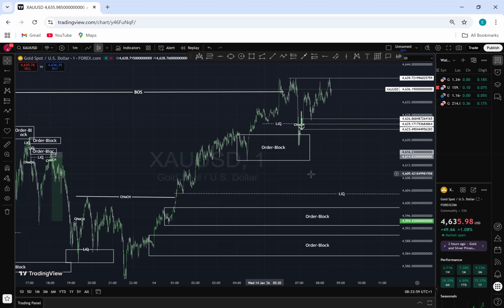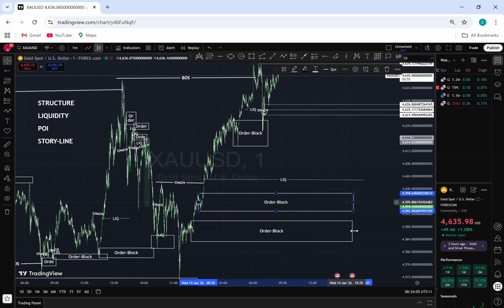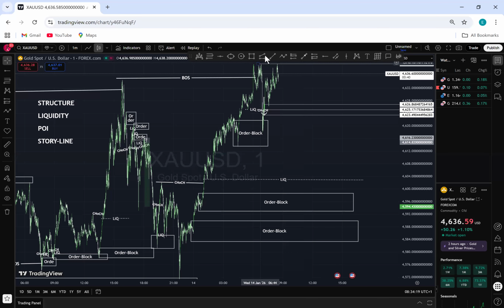No. So if you have an issue using 1 minute, it is one of two things. Either you want to take a risk entry, so you just place a pending order here, and once price comes, it takes your trade, or you want to use candlestick confirmation. So on whatever time frame, whether it is 5 minutes, once you have price tapping into this region, you wait for an engulfing candle.